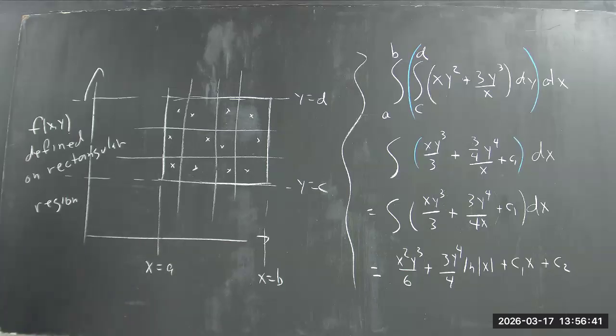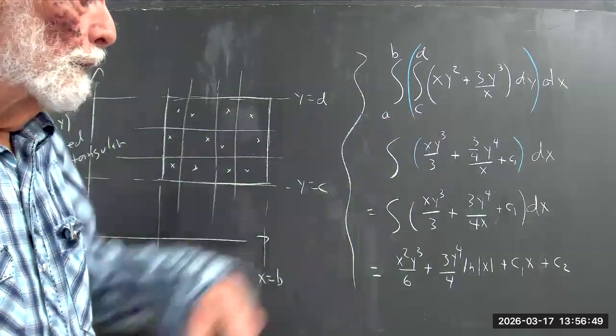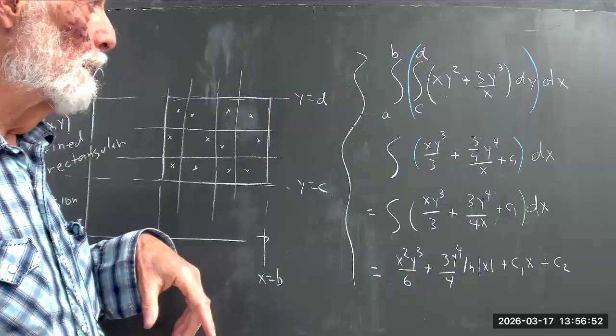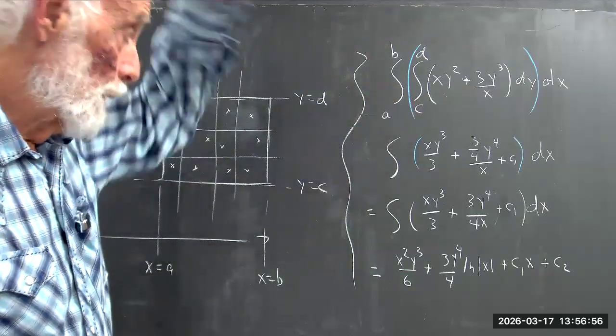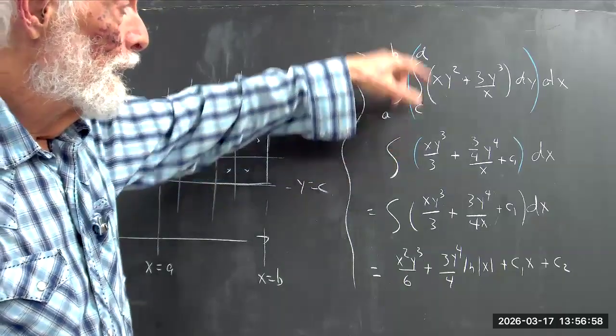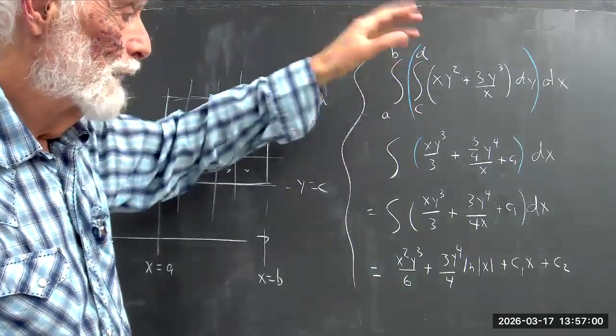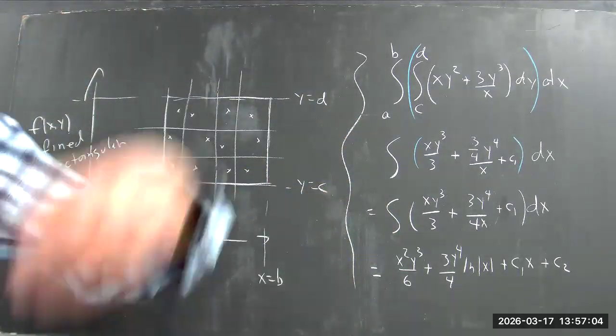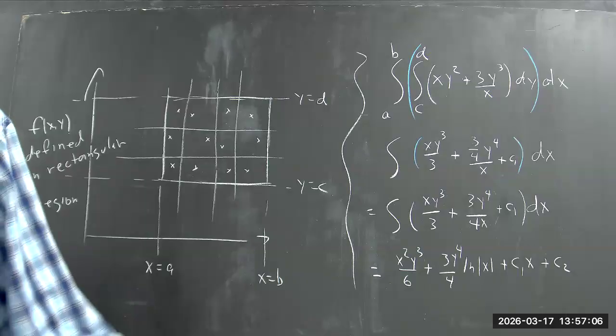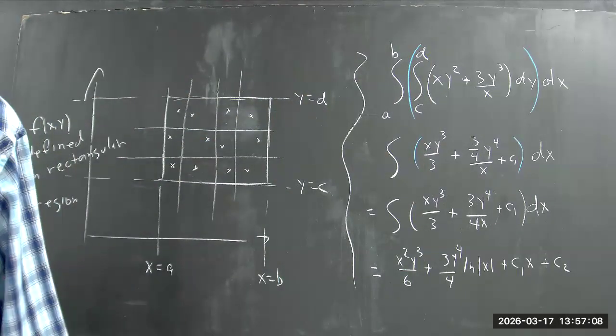Okay, well, if this is the integral, and of course now we could just replace all our x's and all our y's by c's and d's and all that stuff. Just subtract what we get at the lower limit from what we get at the upper limit, right?